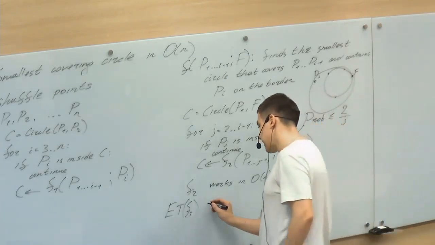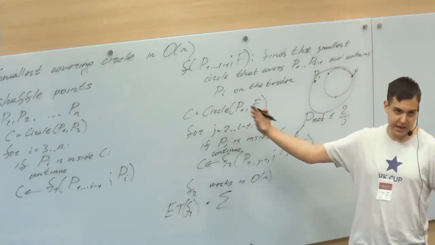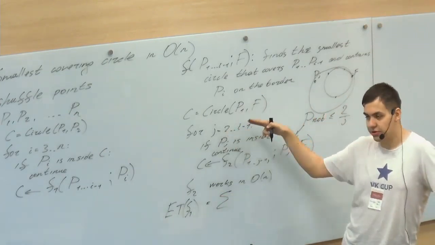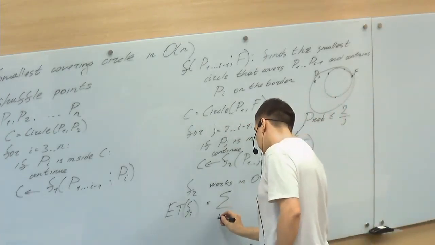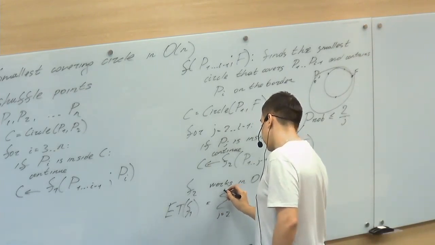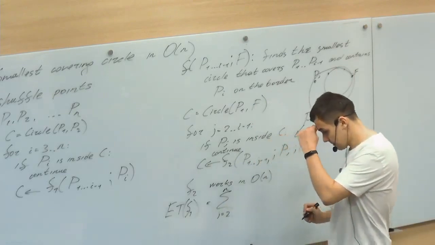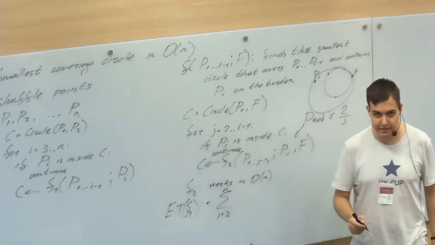Well, the expected time is, well, we can make a recursive call on the second iteration, on the third, on the fourth, on the fifth, and so on. So it's the sum over all j from 2 to n. What's the probability that we make the recursive call?